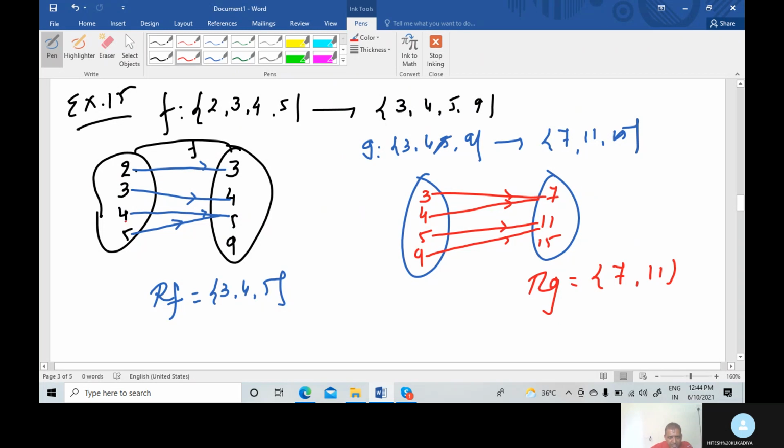First we check the range of F. Range of F, 3, 4, 5, is a subset of the domain of G, because 3, 4, 5 are included.